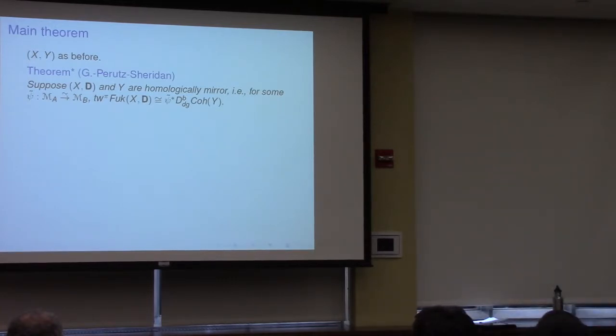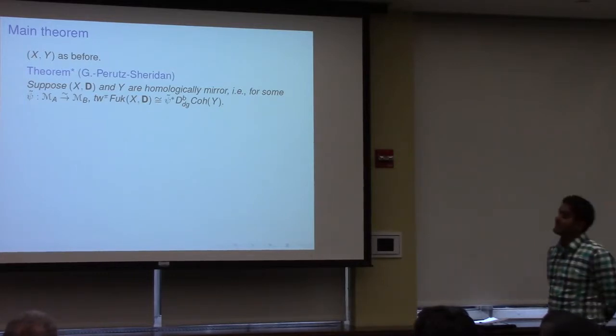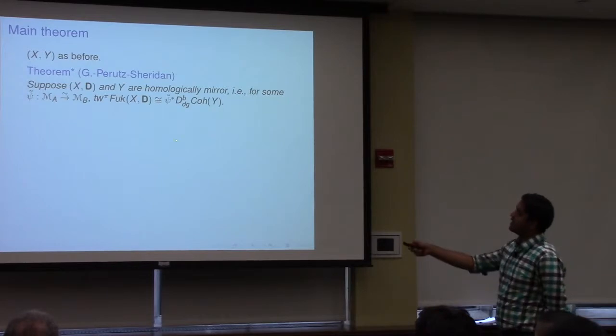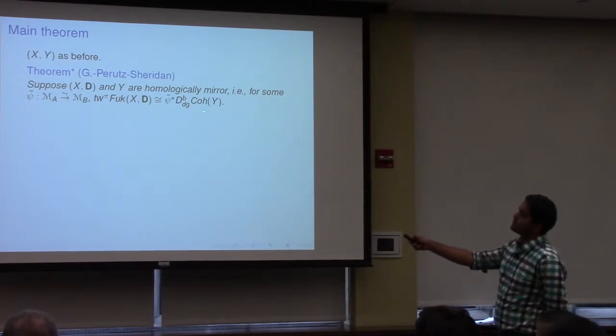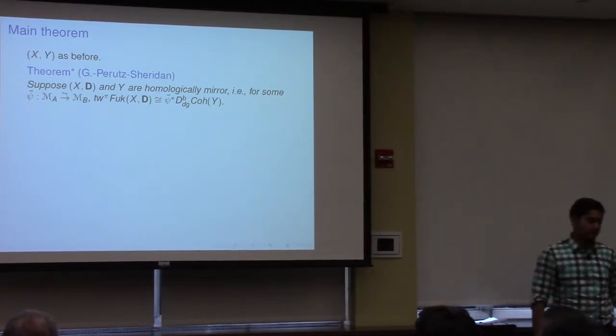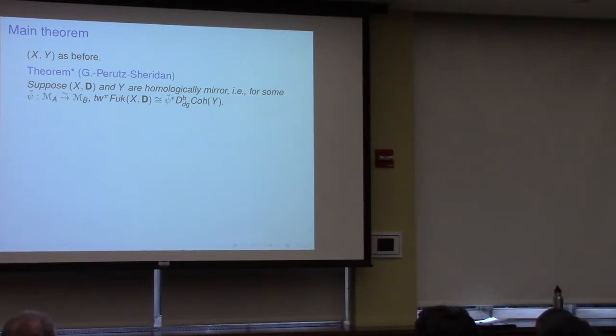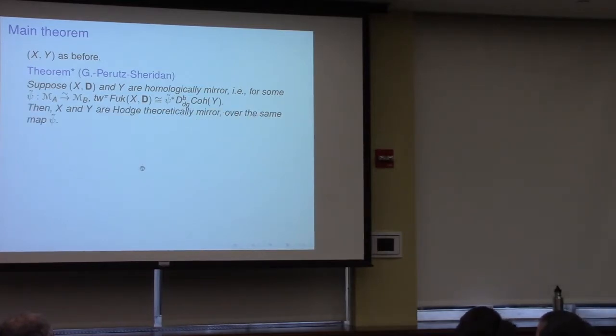The main theorem is that let's say that X and Y are homologically mirror in the sense that the split closed derived Fukaya category is quasi-isomorphic to the DG category of coherent sheaves, where we've done a coordinate change by some unknown isomorphism of formal disks. Then it actually follows that X and Y are Hodge theoretically mirror over the same unknown map.